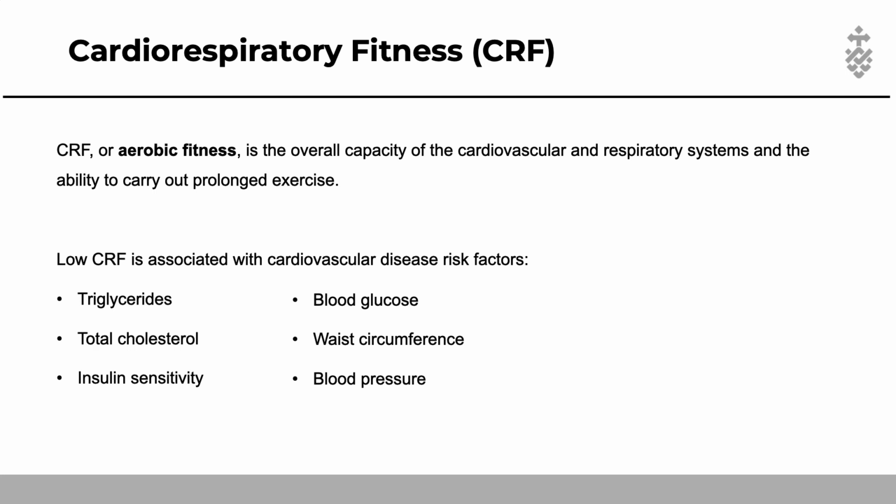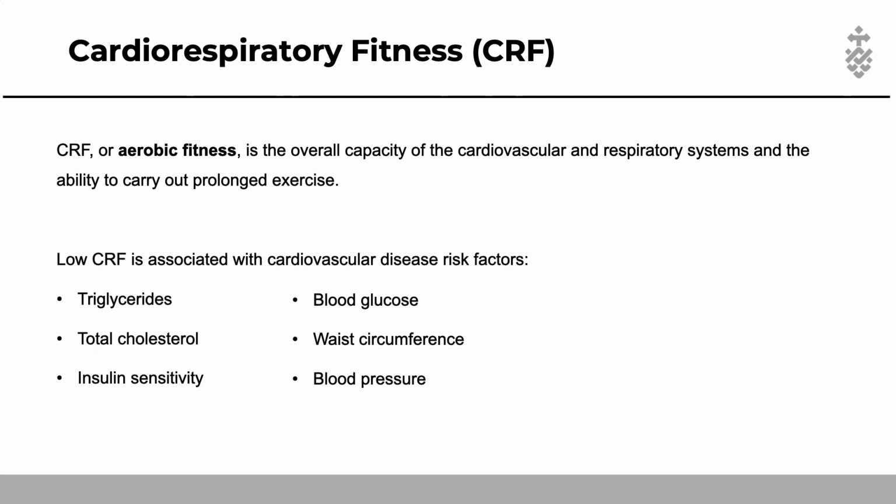Now, aerobic or cardiovascular fitness is a very important marker of health in childhood and adolescence. Cardiovascular disease events like heart attacks, stroke, any sort of blockage or atherosclerosis occur most frequently after our 50s, after the fifth decade of life.